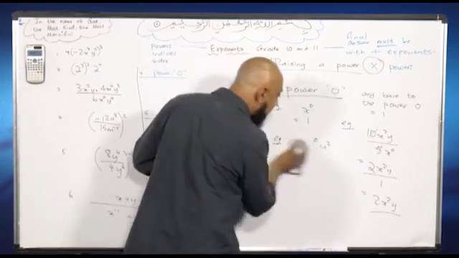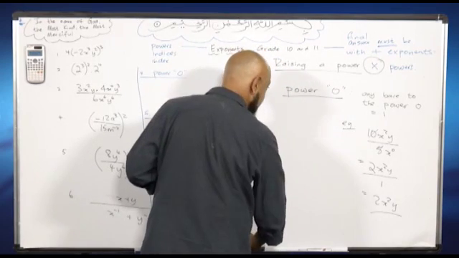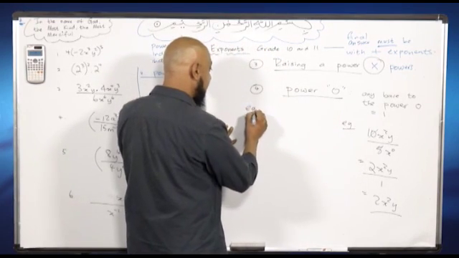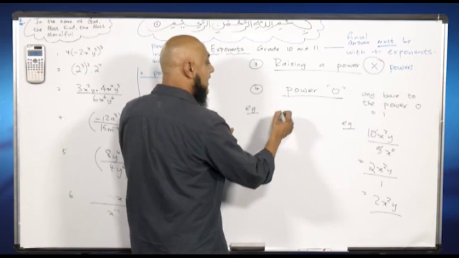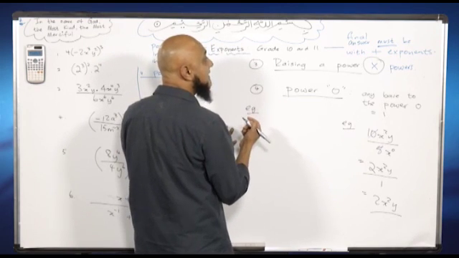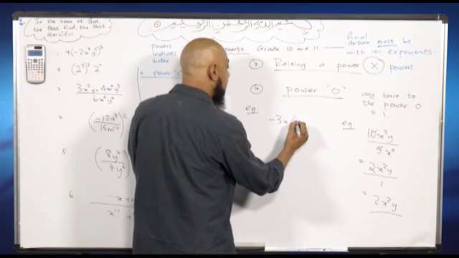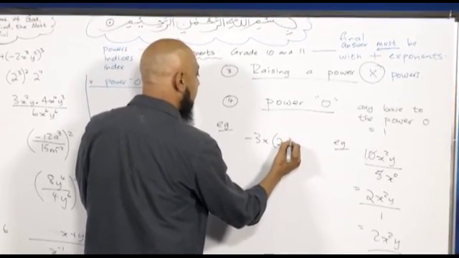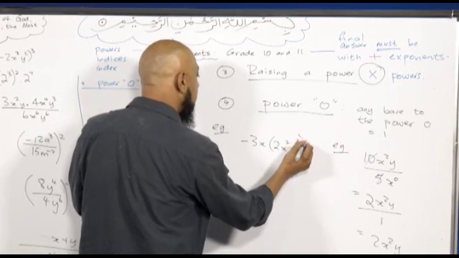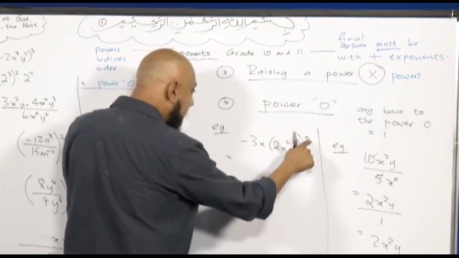Okay, let's go through another system here, guys. Now, let's see, how else can it be phrased? What if I told you minus 3x into 2x squared y cubed to the power 0? Now there's the power 0.